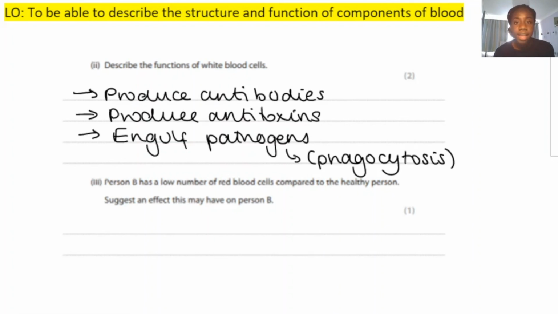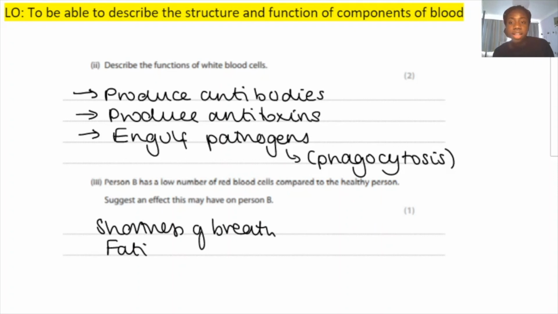And if you have a low number of red blood cells compared to an average person, you're not going to be transporting enough oxygen to your tissues. So this might result in, for example, shortness of breath or fatigue, amongst other symptoms. So we can put shortness of breath, fatigue, and then other symptoms could be paleness, for example, or weakness.